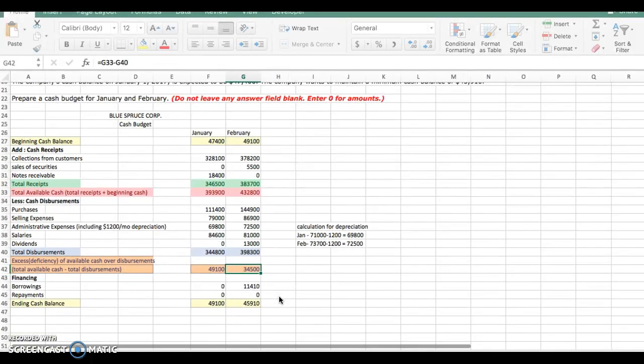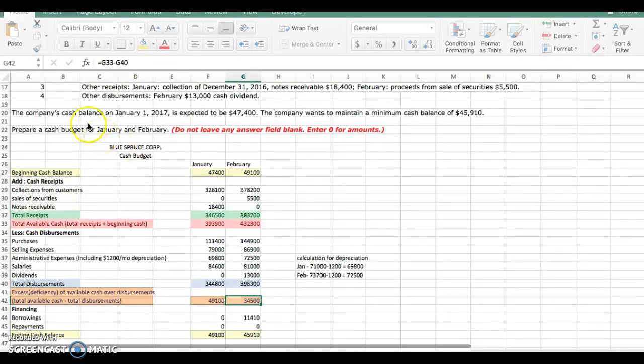So we're going to start off with our beginning cash balance. Up here it says that the company's cash balance on January 1, 2017 is expected to be $47,400. So that will be our beginning cash balance for January.